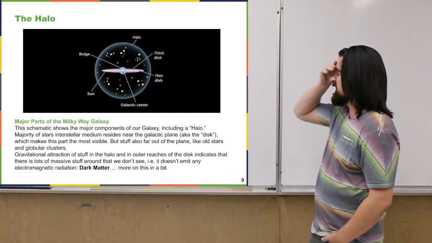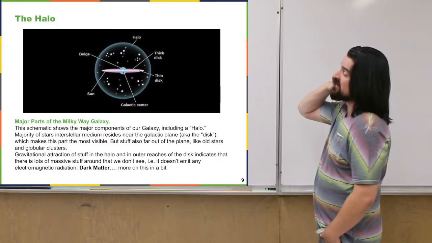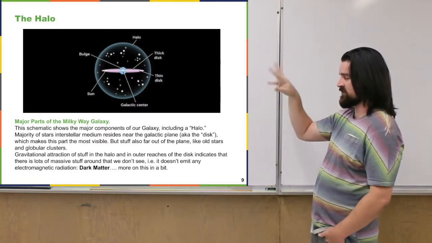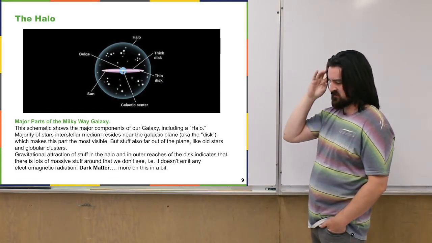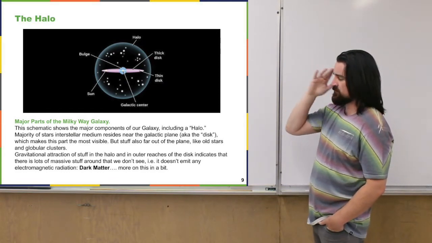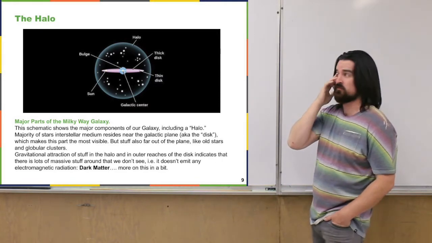So as you start to think about the stuff in the halo, and in general looking at the far outer reaches of the galaxy, we start to get a conundrum, a puzzling thing, showing up.